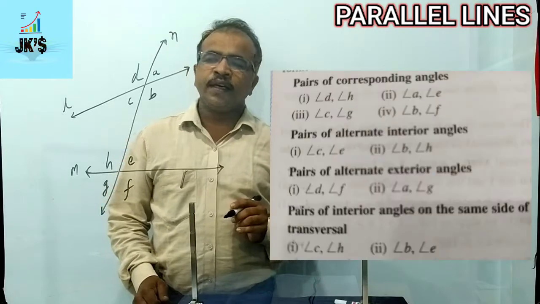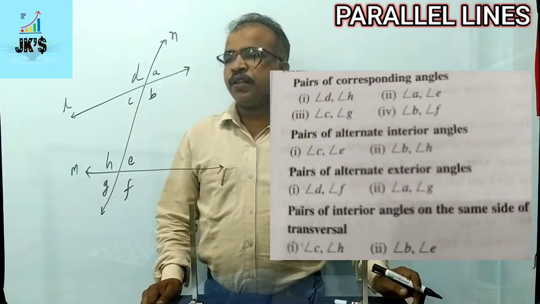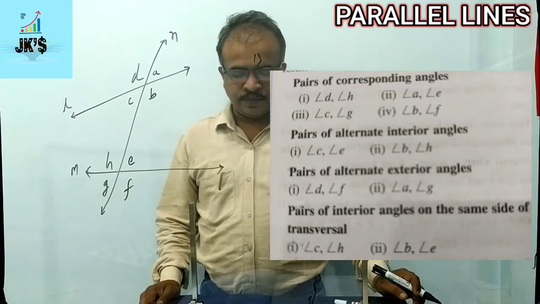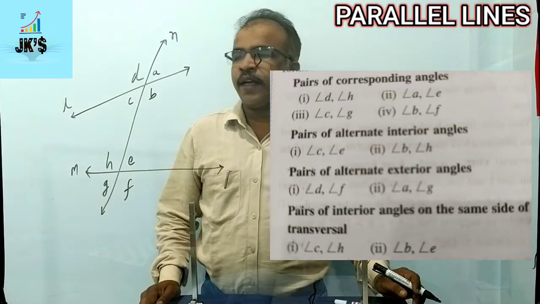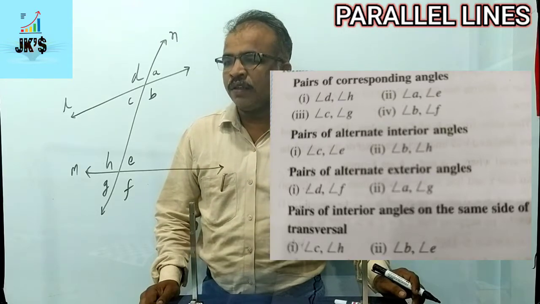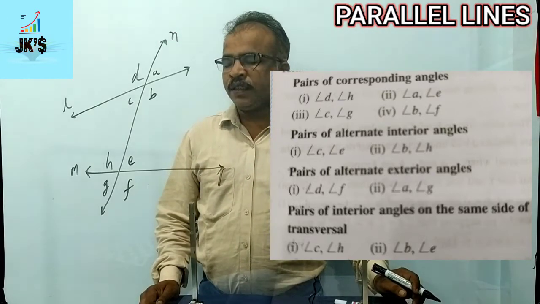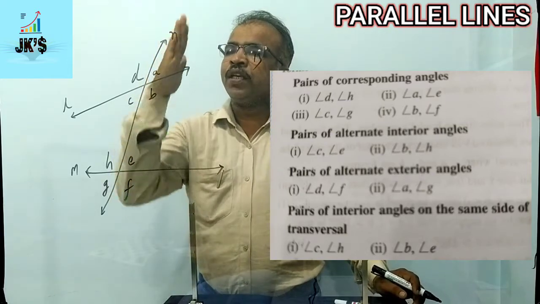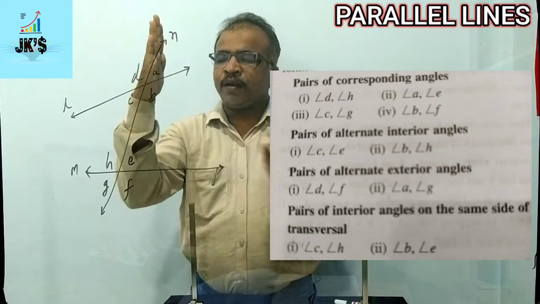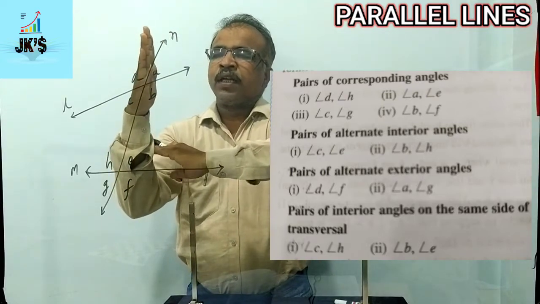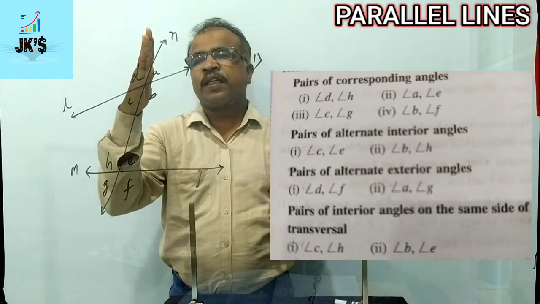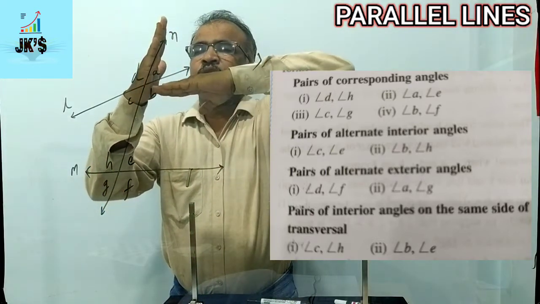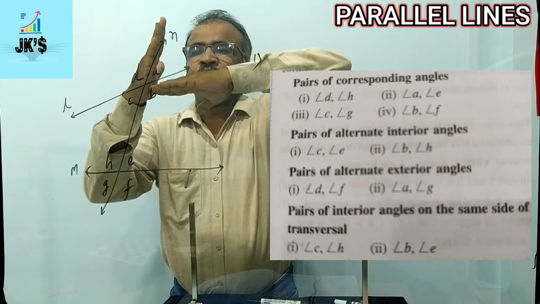The definition of corresponding angles was studied in the 8th standard. So what are corresponding angles? The angles whose sides on the transversal lie in the same direction, and the remaining sides of those angles lie on the same side of the transversal. Suppose this angle A, look at this angle in my hands.